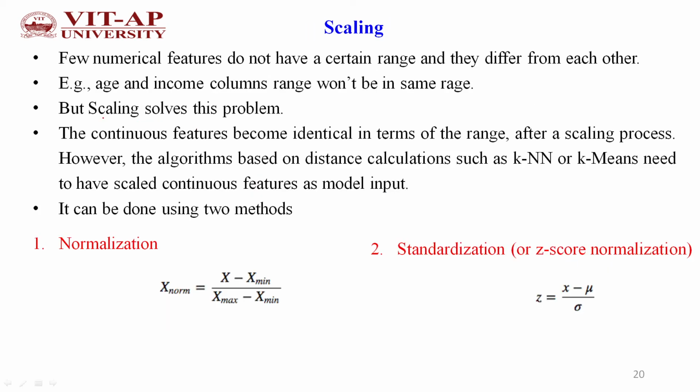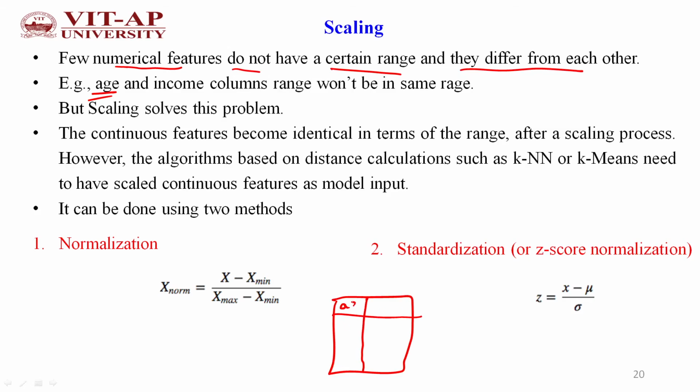Then scaling: in this, we are just changing the range of input values. The numerical features do not have a certain range, and they differ from each other. Look at age. Say age is one feature and income is another feature.